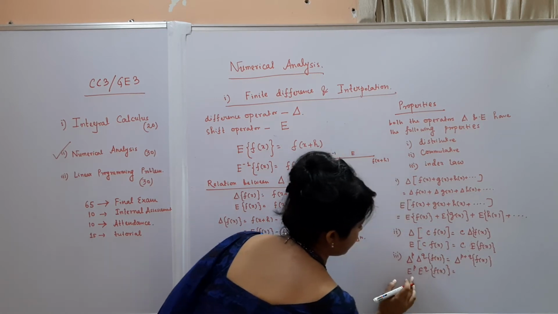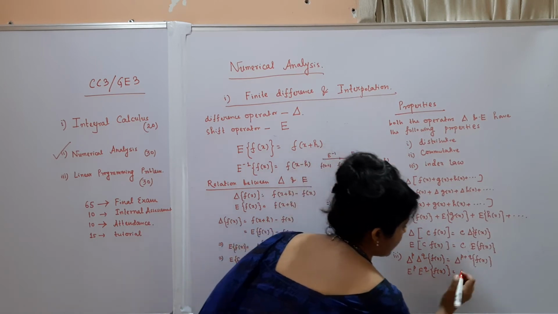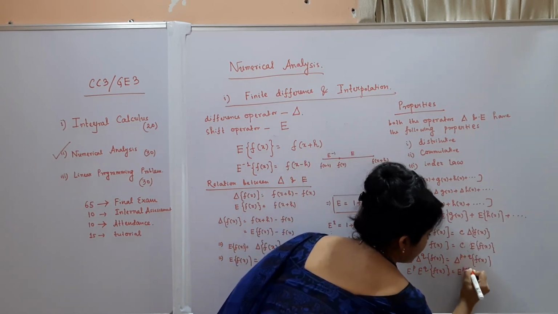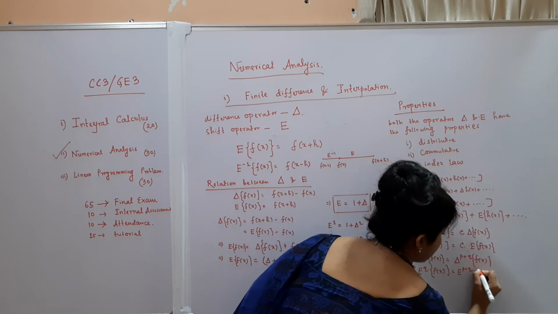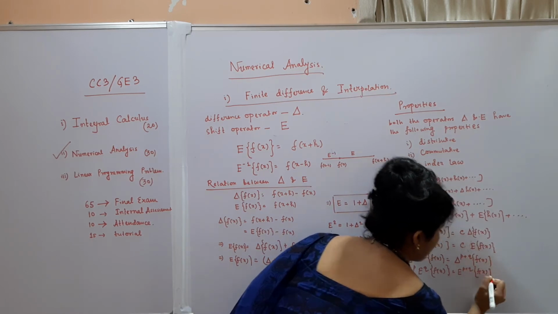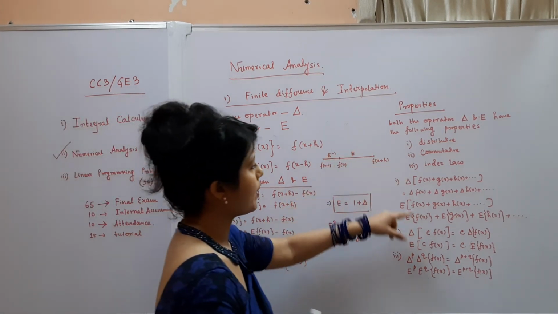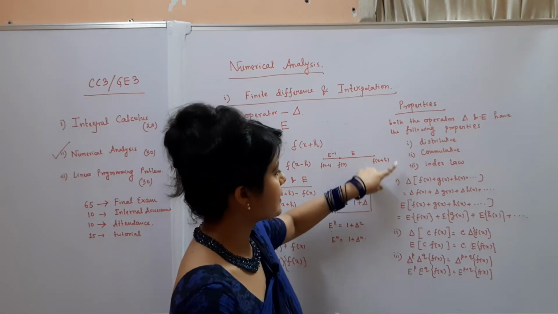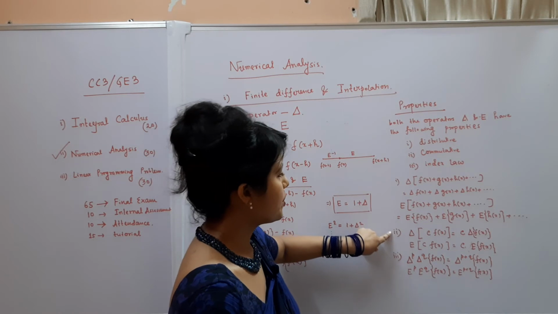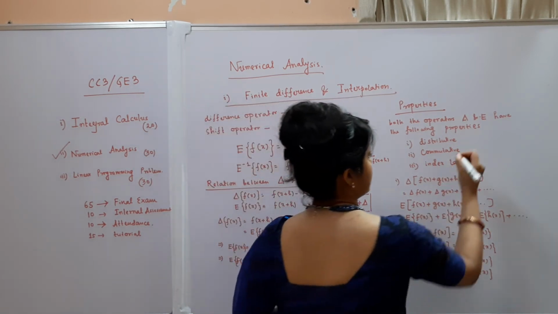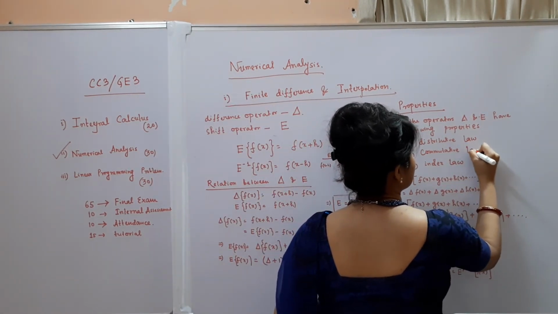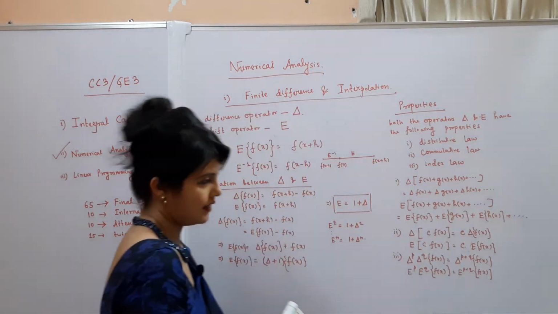If two shift operators of different powers are applied on f of x, then the powers can be added and then together applied on f of x. So both the operators satisfy the distributive law, the commutative law and the index law.